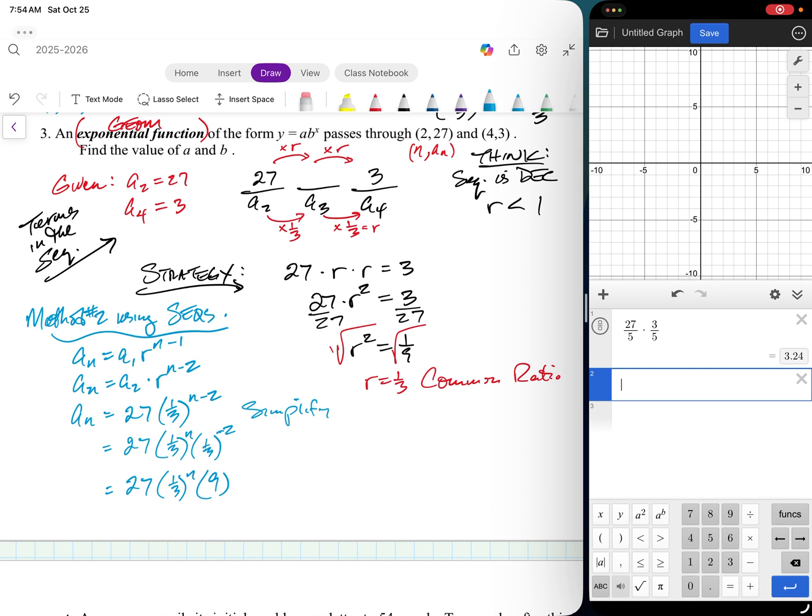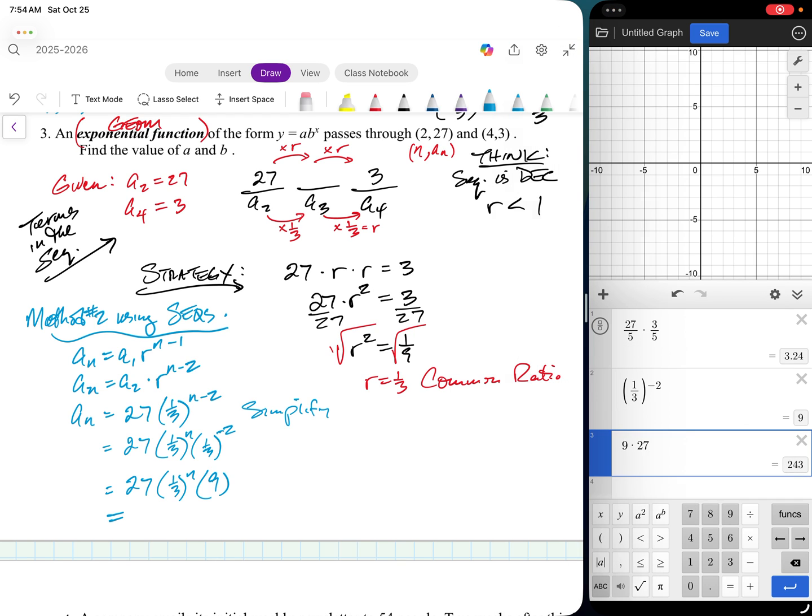If you don't know what this is in your head, you take 1 divided by 3. Like I said, I'm just verifying. You shouldn't need a calculator. You should be able to do this in your head. So again, the negative power reciprocates the fraction to 3, and then you got to square it to get 9. And then 9 times 27 is 243, so 243 times 1/3 to the nth power.